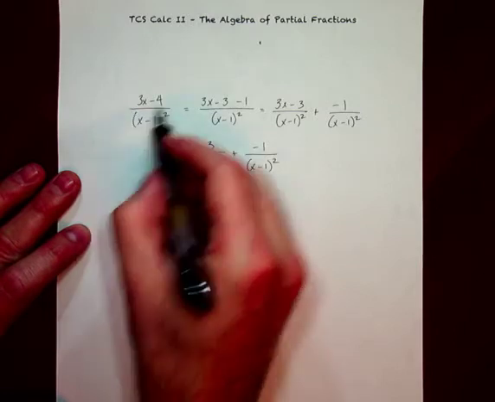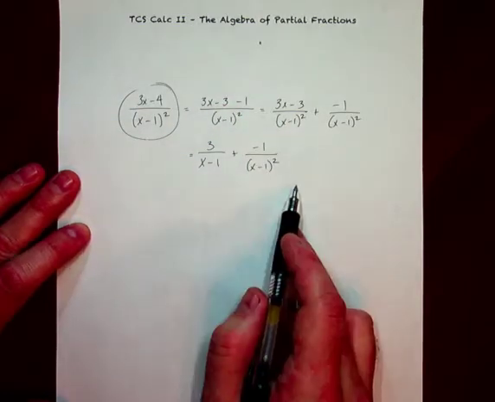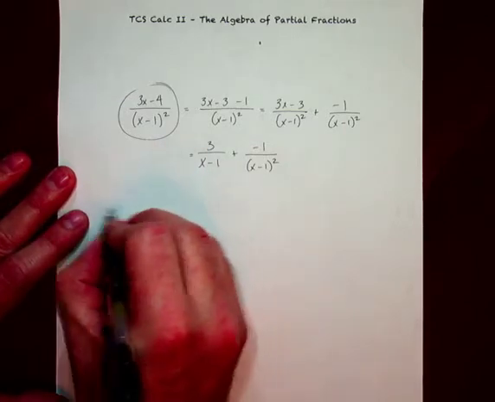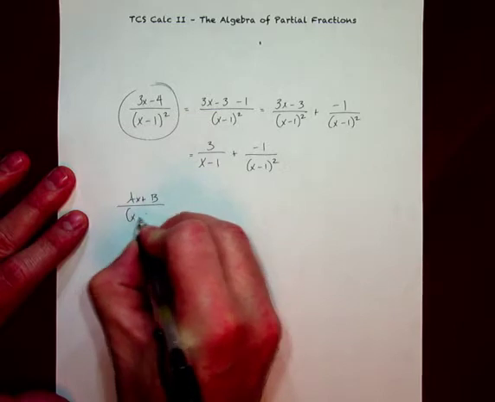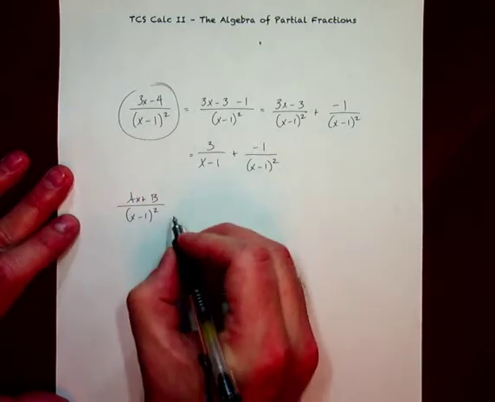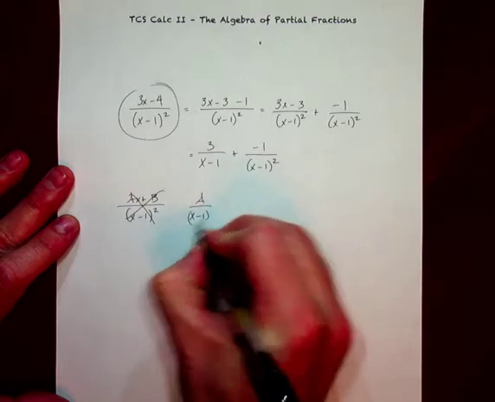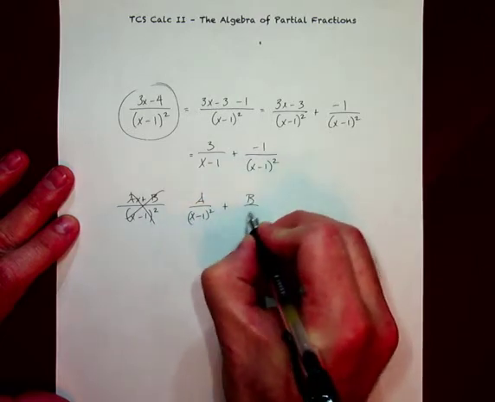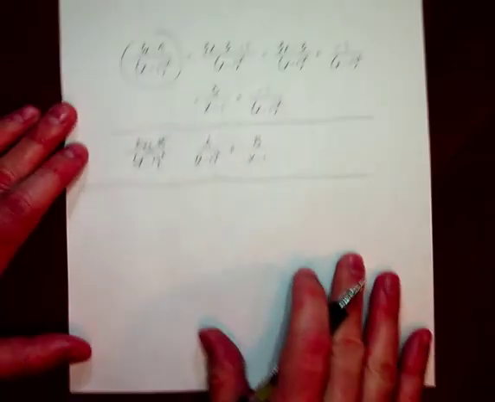And since this is always capable of being pulled apart, instead of doing something like Ax plus B over that, we actually break it apart and talk about A over x minus 1 squared and then B over x minus 1, okay? So let's do another example real quick.